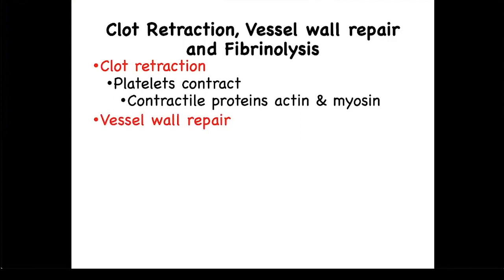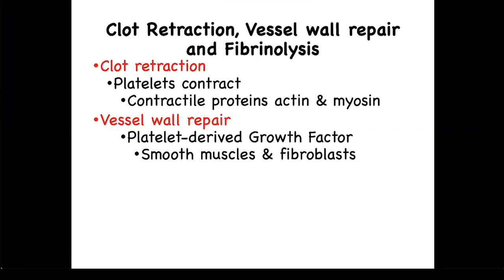Vessel wall repair will then occur, and this is going to involve two chemicals. Platelet-derived growth factor, and this factor is going to stimulate smooth muscles to grow and divide, as well as the fibroblasts. So what you're doing is you're replacing the cells that were killed within the blood vessel.